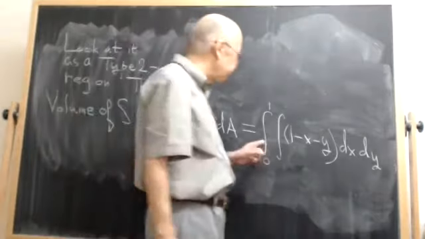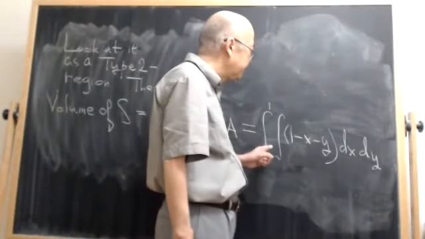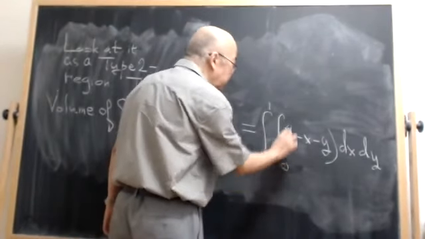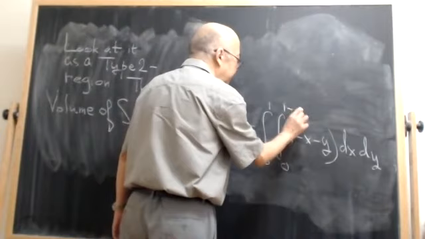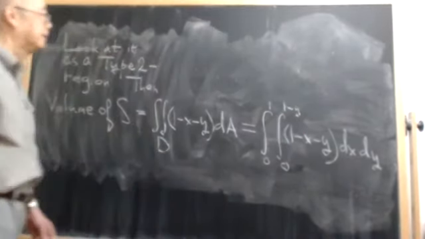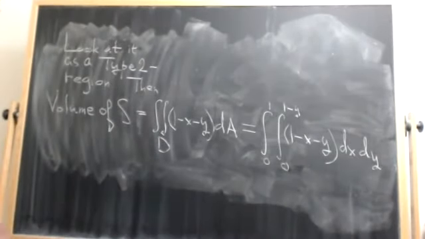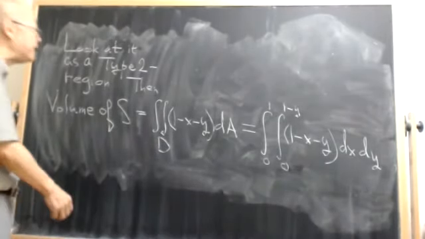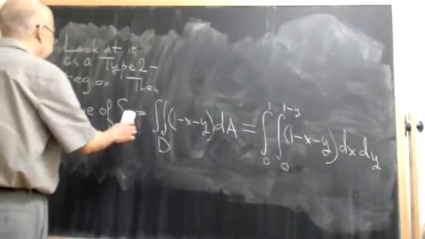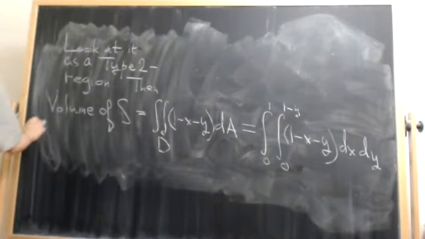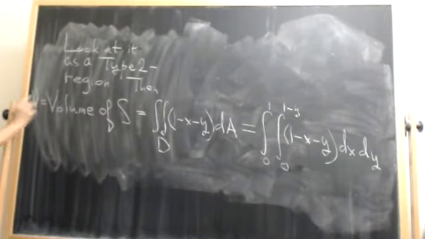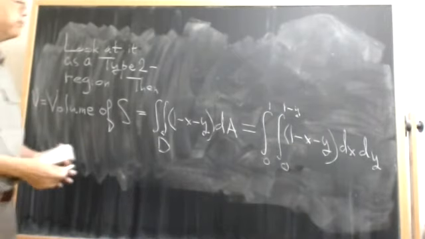And then once you fix a y, x is from 0 to 1 minus y. All right? So this is the integral we need to compute. Let me call this volume V. I don't want to write the same word again and again.